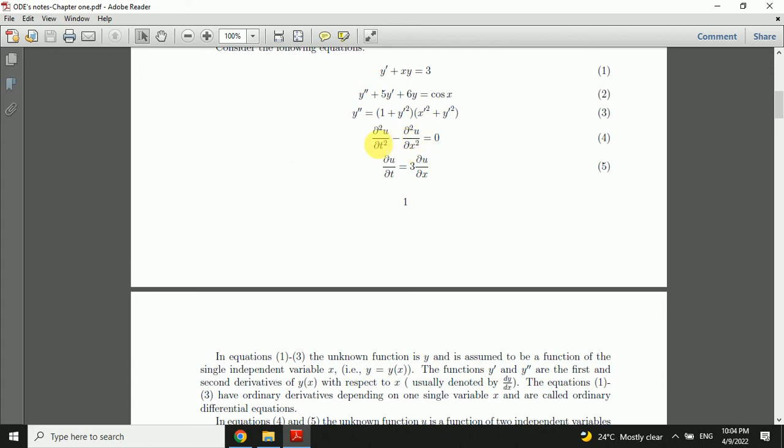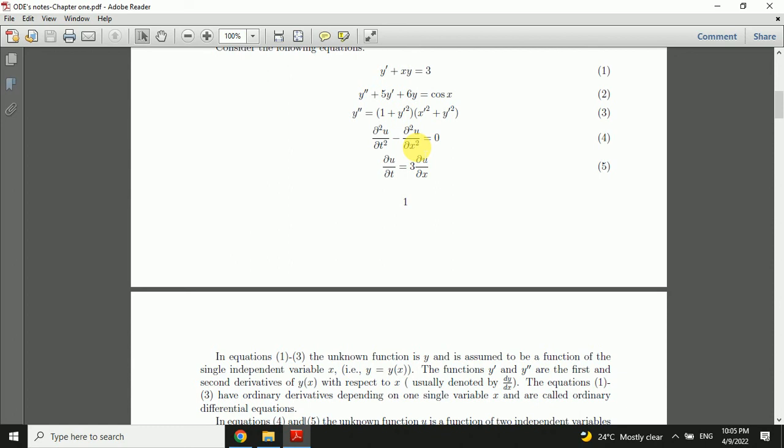So this one alone tells you that this function u, the unknown function u, depends on 2 variables. And what are those 2 variables? One of them is t, and another one is x. So the moment you have 2 or more variables, then it is no longer an ordinary differential equation, but now it becomes a partial differential equation.